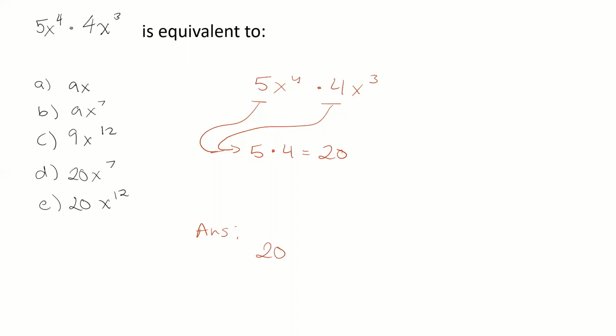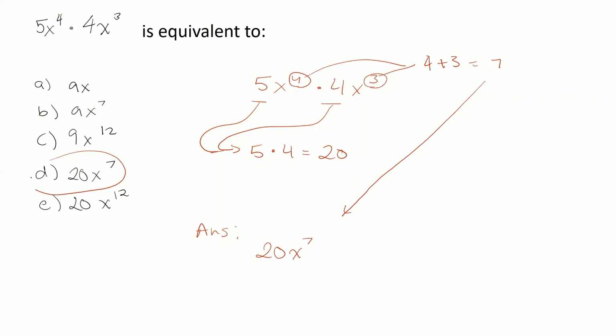Our next step is to take the exponents, and instead of multiplying like we did with the coefficients, this is where the exponent rule kicks in. We're going to take 4 and add it to 3. So 4 plus 3 is 7. In the answer, we're going to bring down that exponent and just put 7 right there. So our answer ends up becoming D.